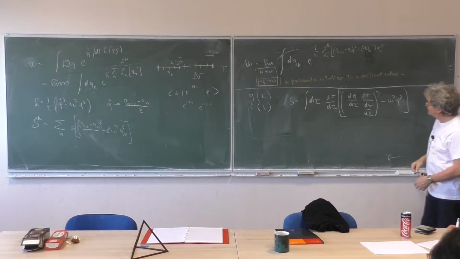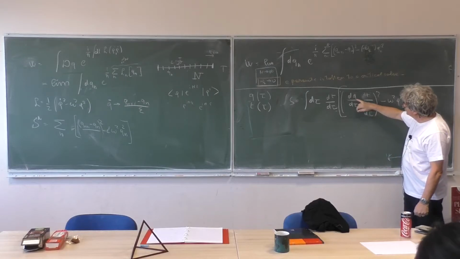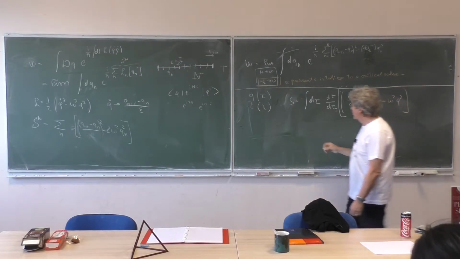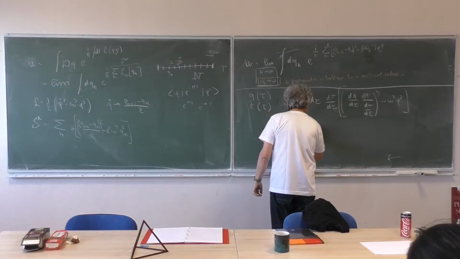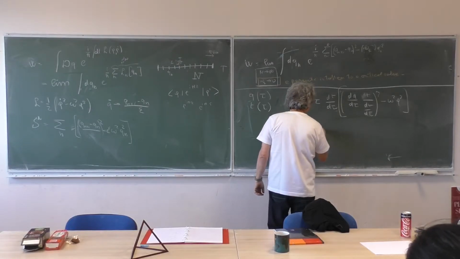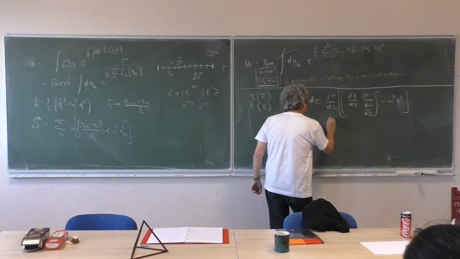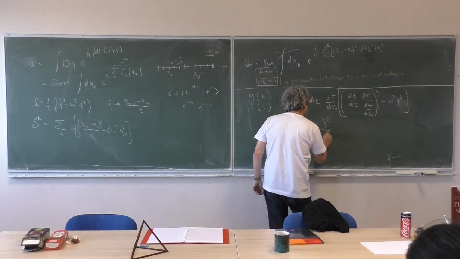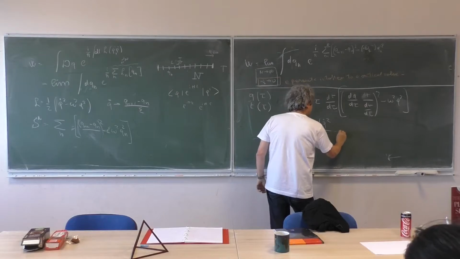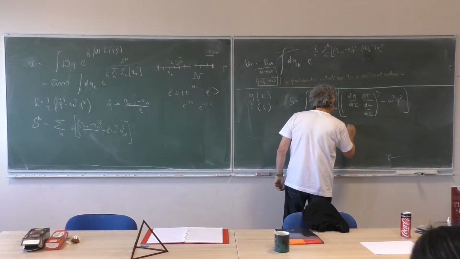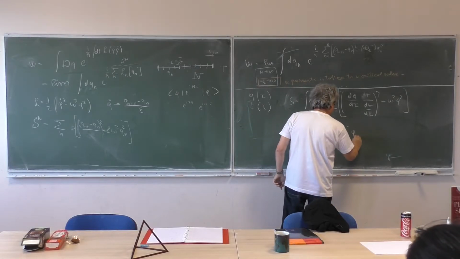So let me call q dot and t dot the derivatives with respect to tau, a less cumbersome notation. I have a t dot downstairs, so I have q dot squared over t dot, minus omega squared t dot, times q squared.